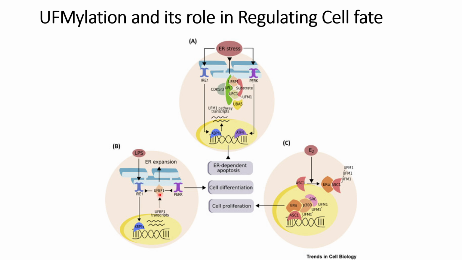And this UFBP1 transcript in turn will cause the production of UFBP1 or the UFMylation, and that will suppress the IRE1 and PERK pathways.